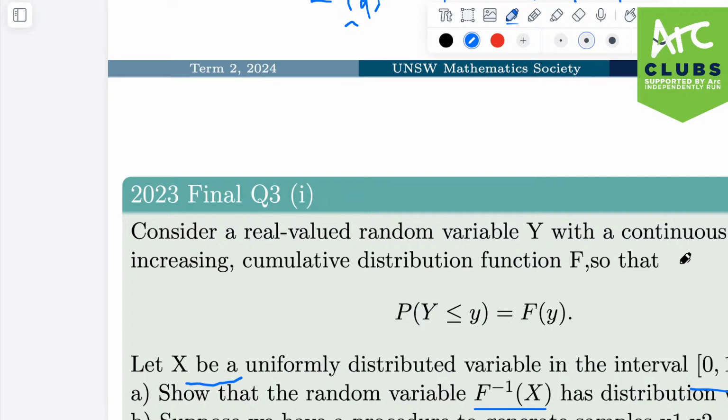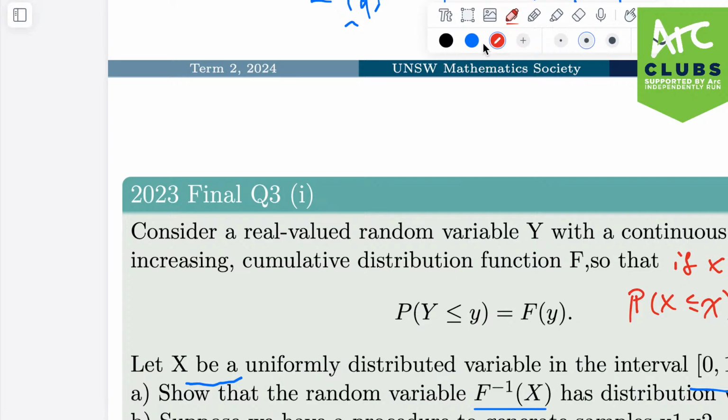So if X follows uniform 0, 1, then the probability that X is less than or equal to a number x is just x, given that x is between 0 and 1.